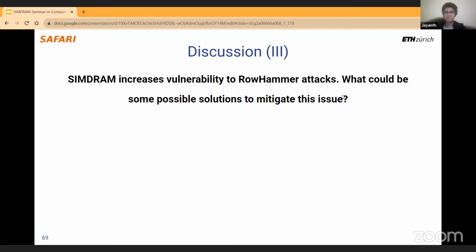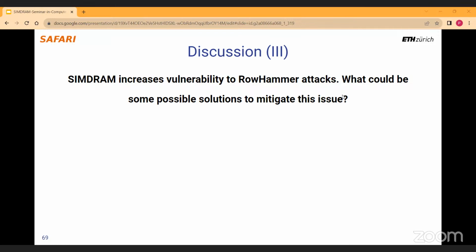Why do you think triple row activation will make read disturbance worse? I mean, in typical RowHammer, just activating a single row would cause the other rows to be disturbed. So now we are activating multiple rows at once, so probably the effect of it would be a little exaggerated, maybe.